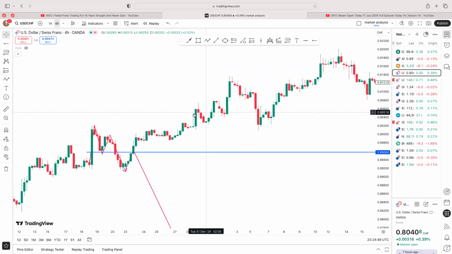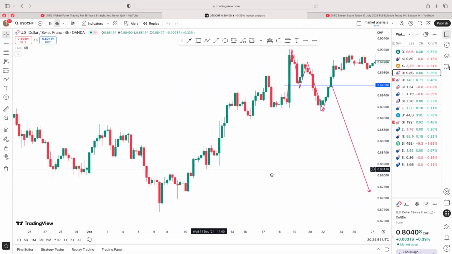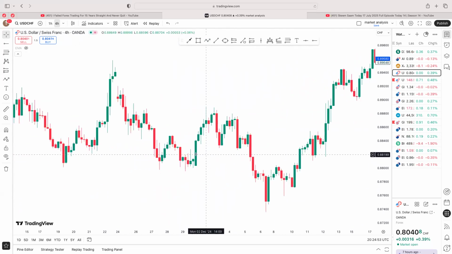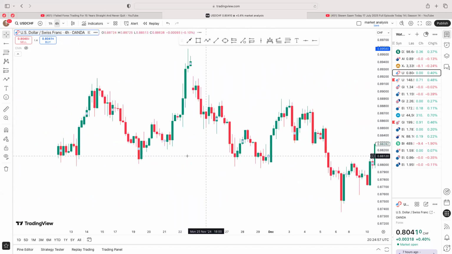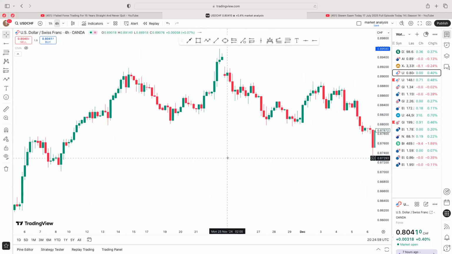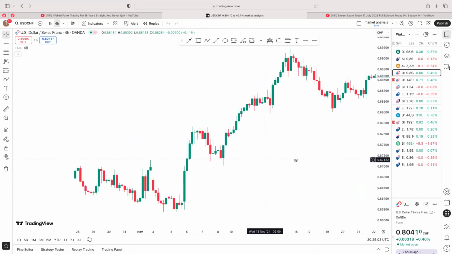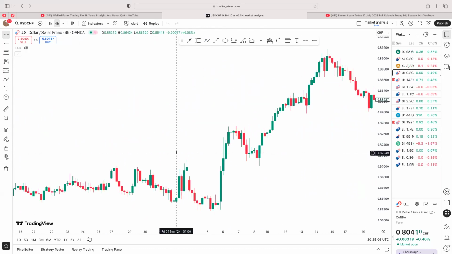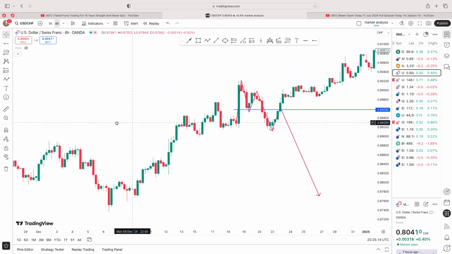Sir, a question. The M pattern, isn't it a reversal pattern? Let's say we are on an uptrend, then it forms an M pattern, then it starts reversing. Yes, you're right. So I'm confused when you're saying it's going against the trend. Okay. Look at this.